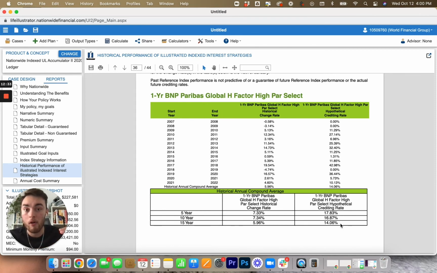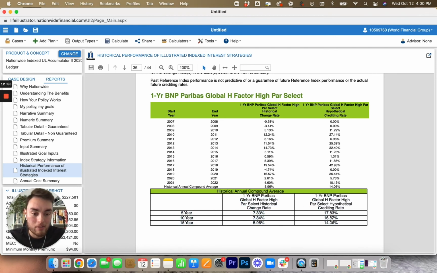And again, the interest that I showed you in terms of the performance on the fees and the cost breakdown on the bottom, that $5.4 million is based off of these numbers, actually. So some of you guys might be asking, why does this say historical and why does this say hypothetical? This first box right here is showing 100% participation.